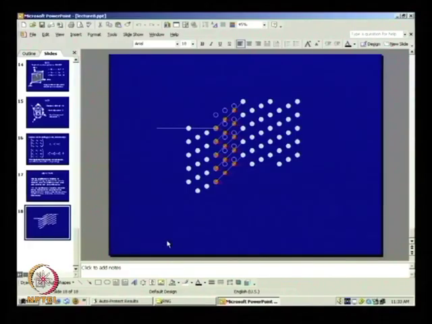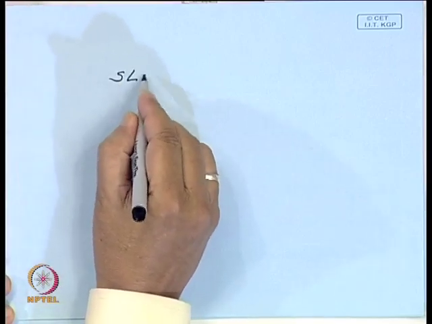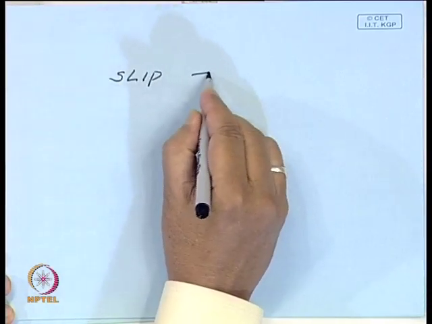So, whatever we have looked at today, to sum up, is primarily some of the common modes of plastic deformation. The two common modes of plastic deformation, as we have seen, are slip and twin.